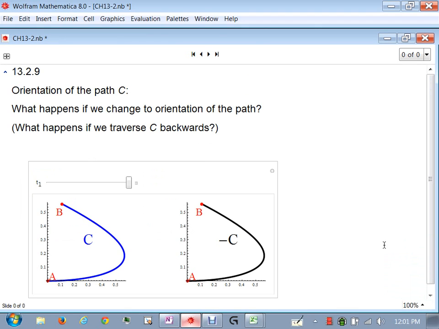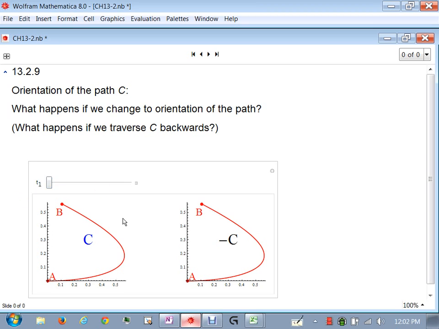So maybe a question now would be the orientation of the path. What do you think happens if we change the orientation of the path? If we actually traverse the curve backwards? So normally, what I'm doing is I'm starting out, I'm saying here's a curve C, right? We're choosing it in a way that we go from one point to the next, right?